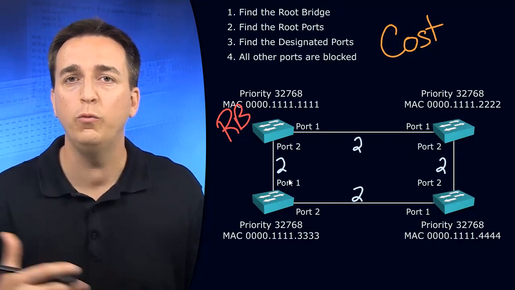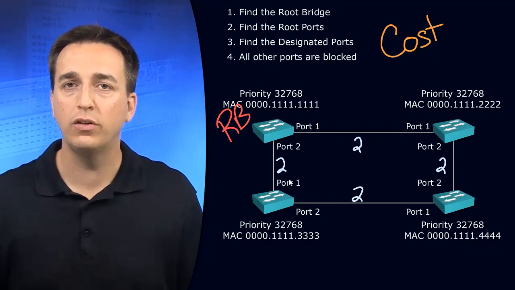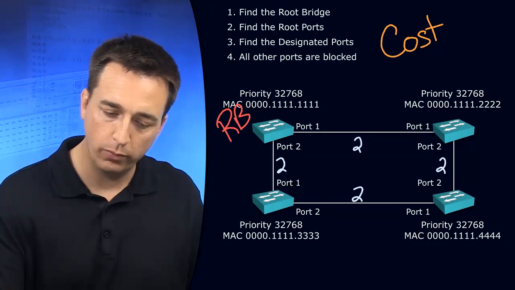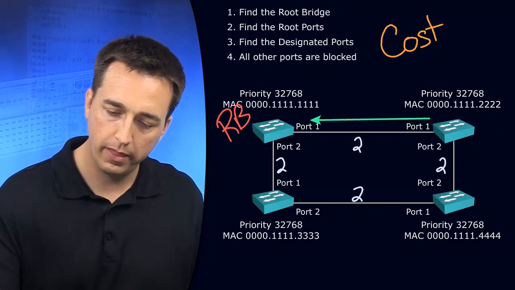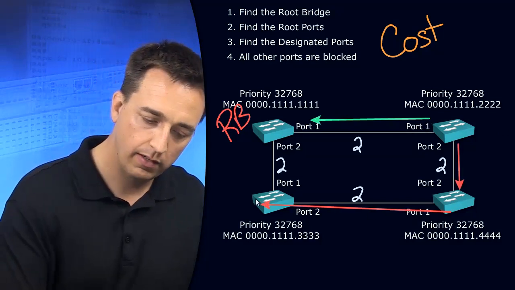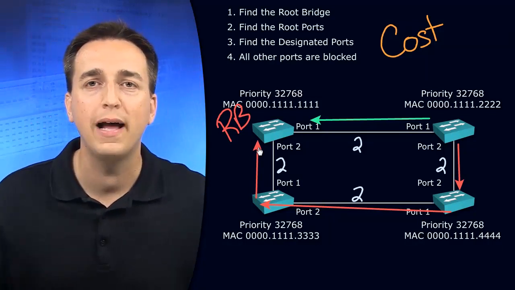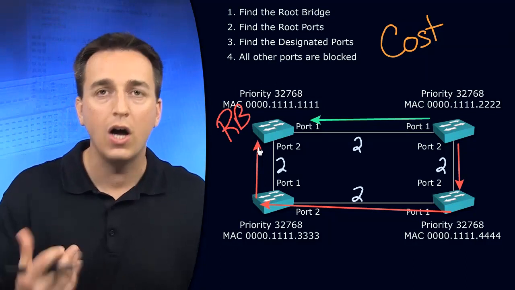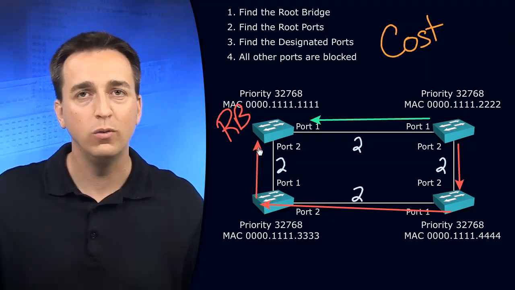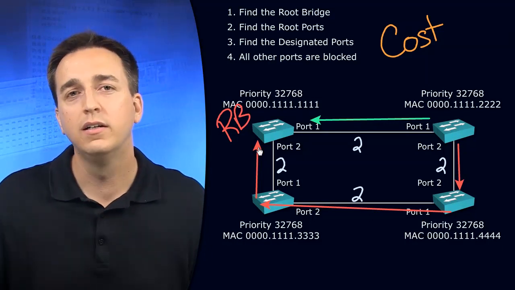So we said that root port is the lowest cost path back to the root bridge. So if we focus on our switch in the upper right, which of these two paths is quicker? Well, with the costs on screen, the green path has a cost of 2, whereas the red path has a total cost of 6.